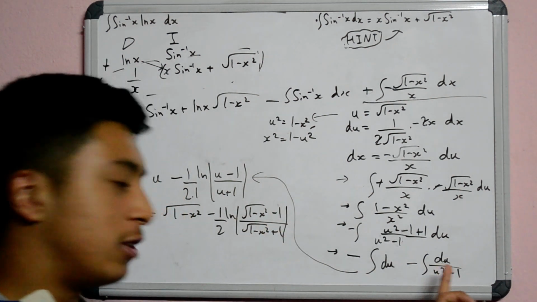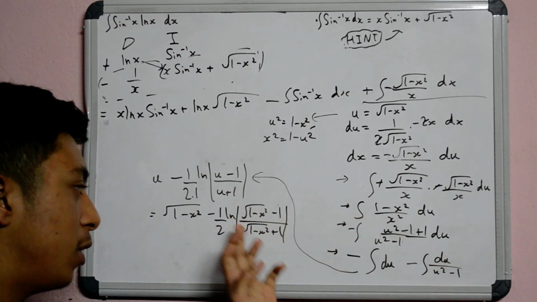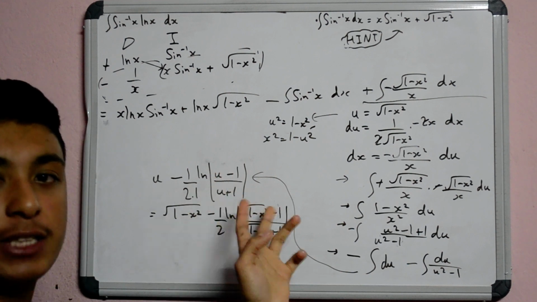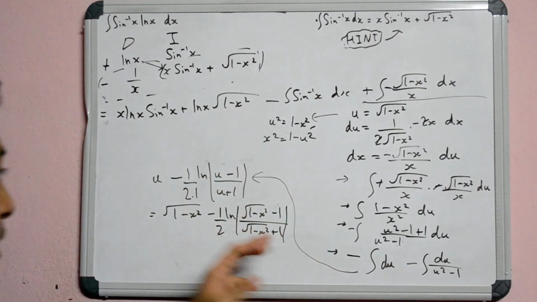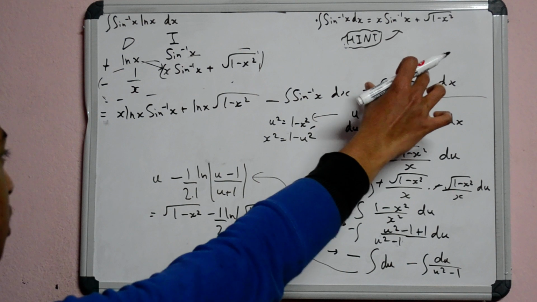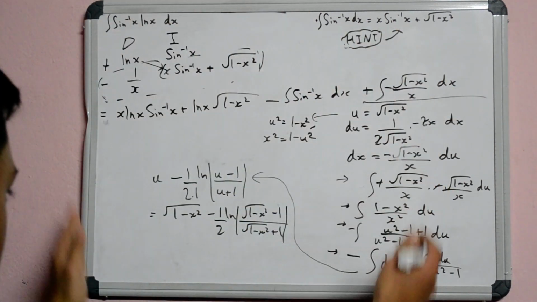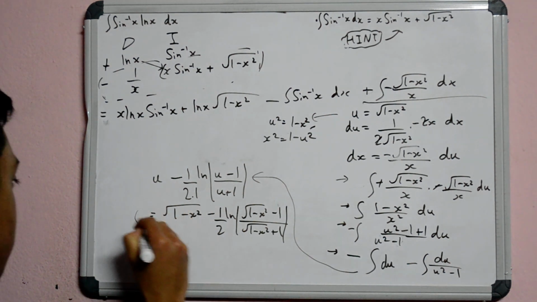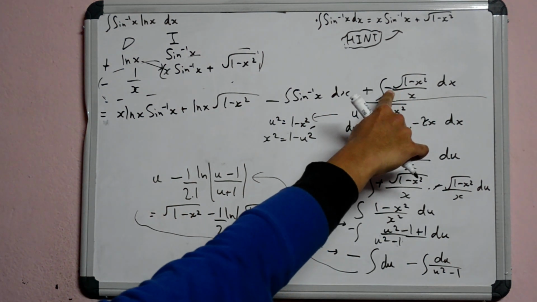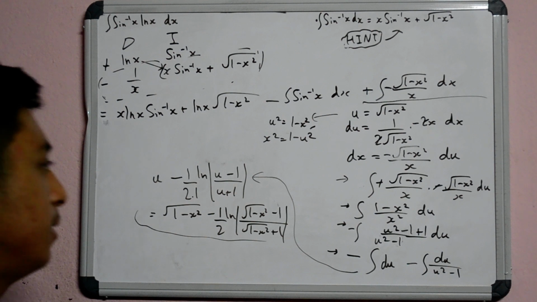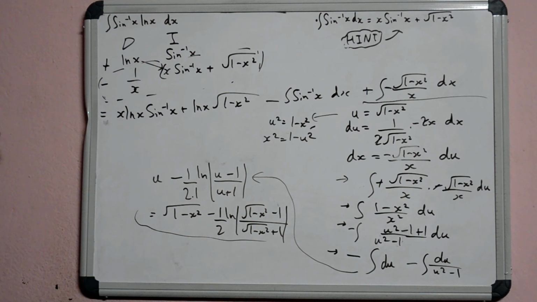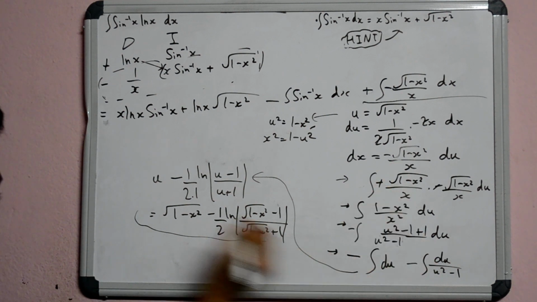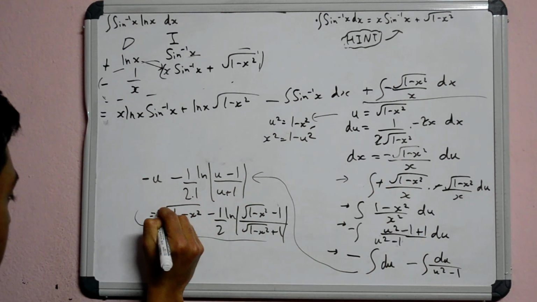If this was x and this was a, it would be 1 by 2a log natural of the absolute value of x minus a by x plus a plus c, but we're just finding this integral so we can complete this whole process right here. So finally we have found our integral for minus root 1 minus x squared by x. So we can just put that in. Oh sorry, this should be minus right here.